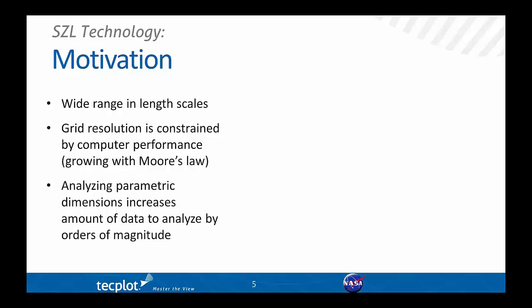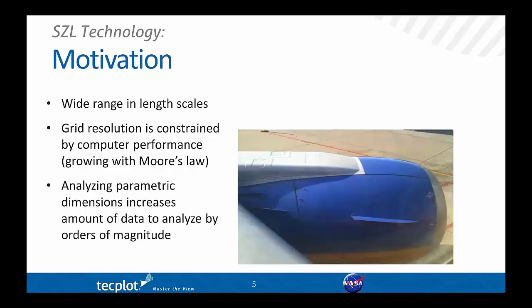So I always start with the motivation for why people have such large data and why the data continues to grow. And this is one example of why data sets are continuing to grow. So you can see this is a picture taken out of a wing of a 737, and looking at the nacelle. And on that nacelle, the engine nacelle, you see there's a fence up near the front.